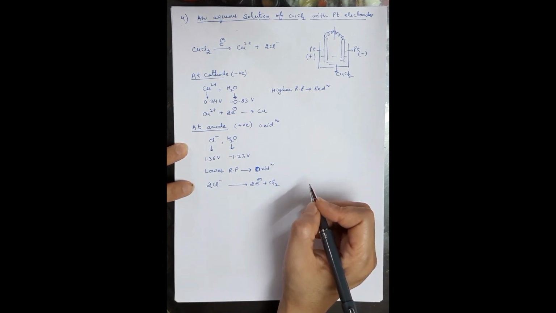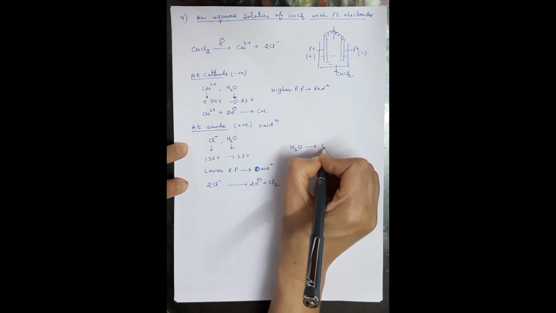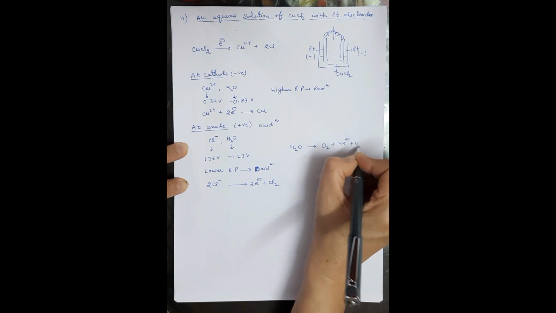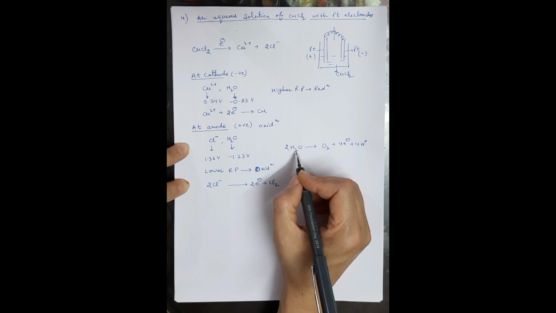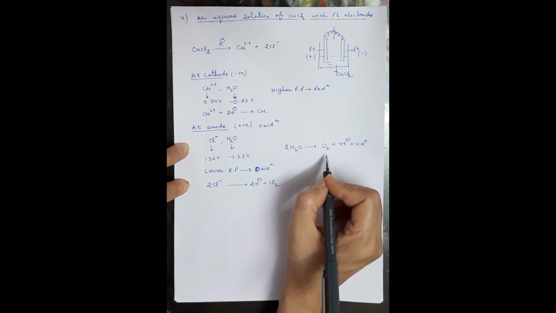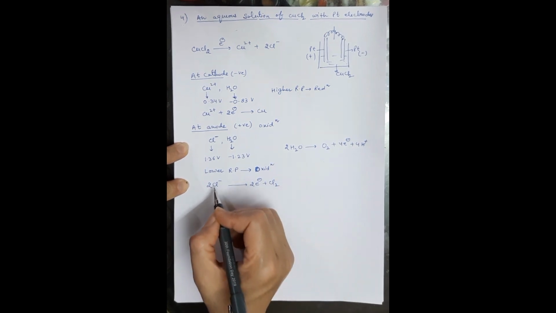Why is it so? In this case, water, when it undergoes oxidation, gives O2 plus 4 electrons plus 4 H plus, this is the reaction. Beta, oxidation of water to O2 is a kinetically slow process. Kinetically slow process means the speed of the reaction is very slow as compared to the production of Cl2 from Cl minus.